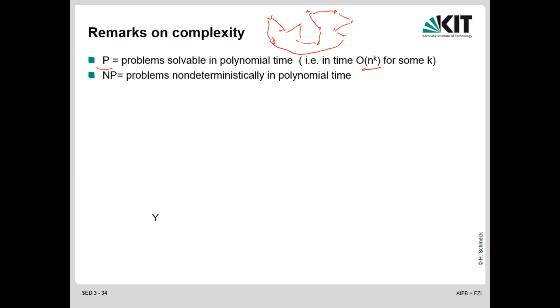But if you ask, is there a path through all those cities of length less than a certain limit? Then I could try to look at all the different paths that are possible, and this is an exponential number. All the different permutations of the cities would be a possible solution.